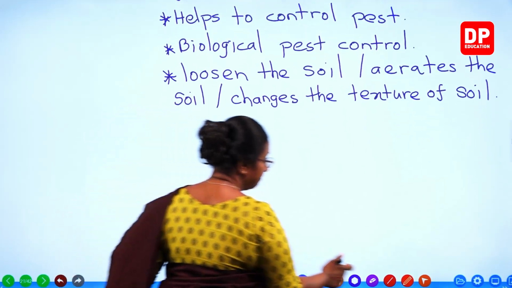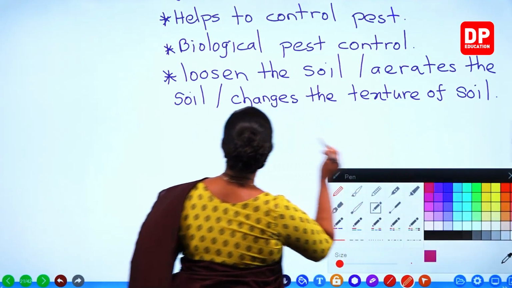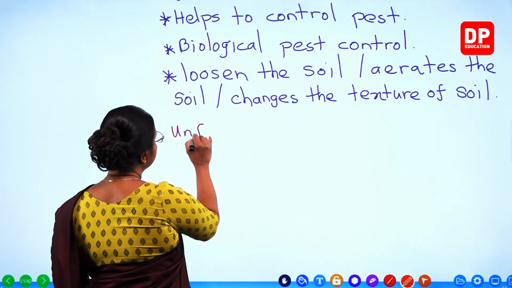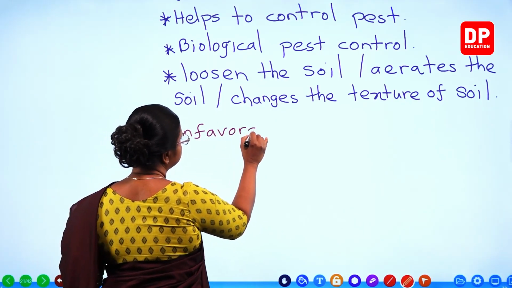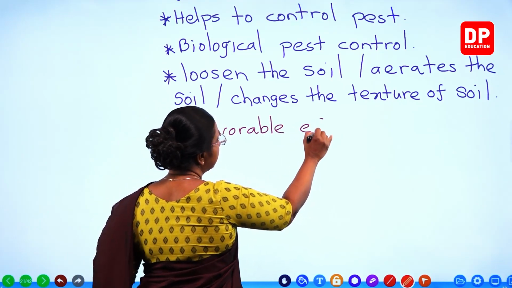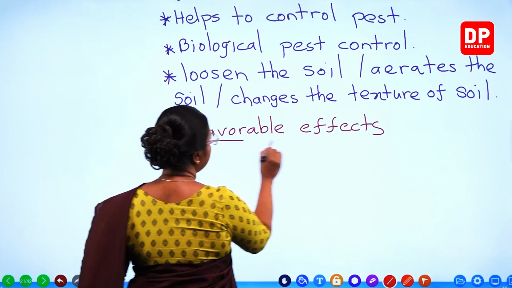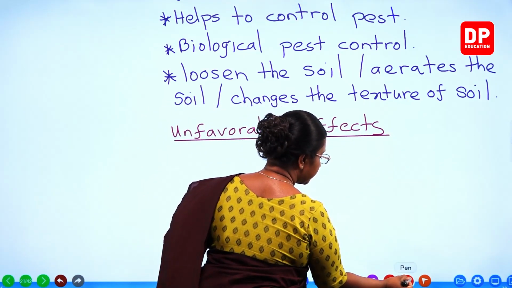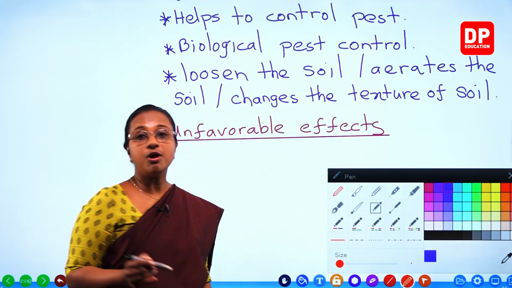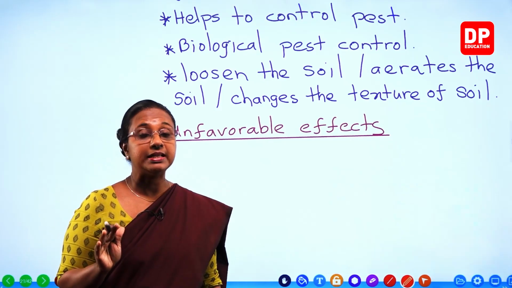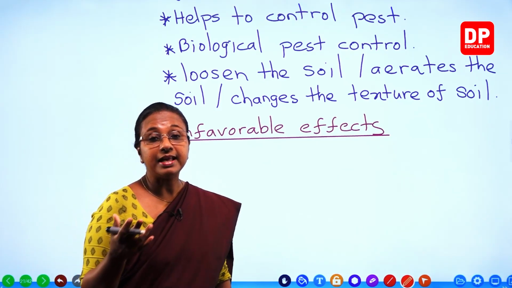At the same time, we need to write the unfavorable effects also. Unfavorable effects. Already I told you all one unfavorable effect. What is that? They act as pests.